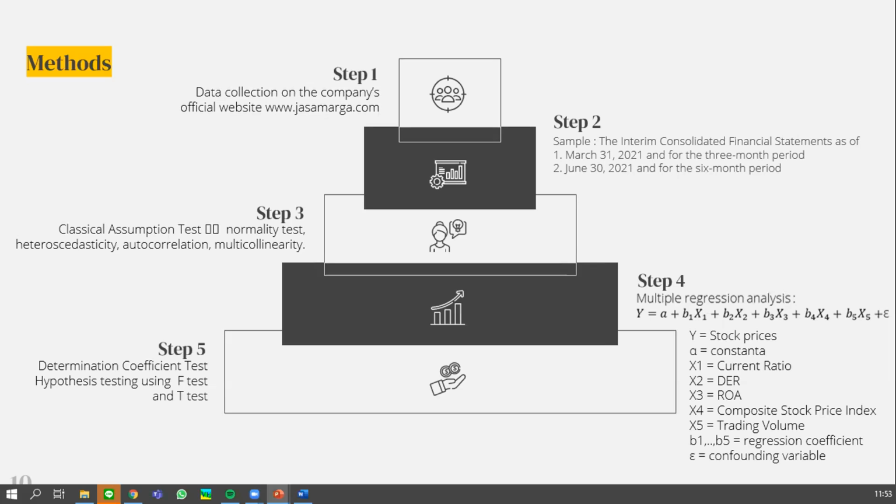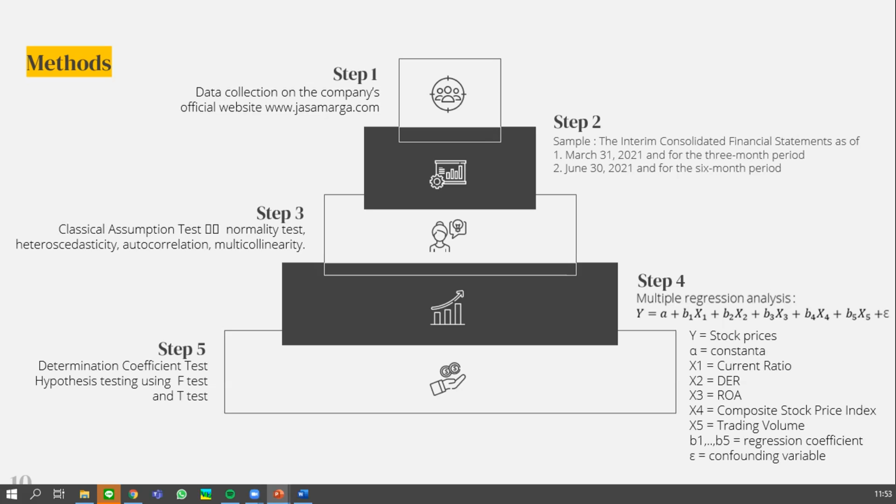To find out which analysis is better, we need to do some tests. For this study, we use classical assumption test, which consists of normality test, heteroscedasticity test, autocorrelation test, multicollinearity test, and if it is fulfilled, it may be concluded that the regression model is best linear unbiased estimation.